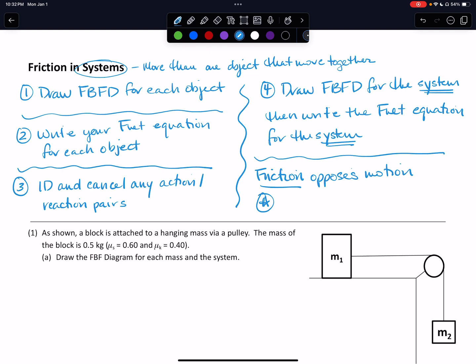It's such a small value because these objects aren't moving through the air that far. It's not relevant to these problems. All right, so friction opposes motion, but no air resistance here. That doesn't mean it's not important, but for these particular problems, we're going to ignore it.